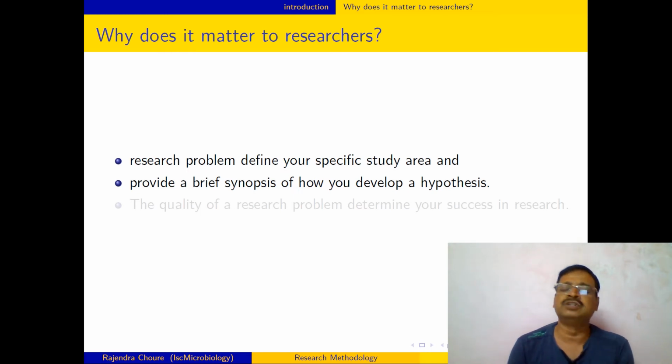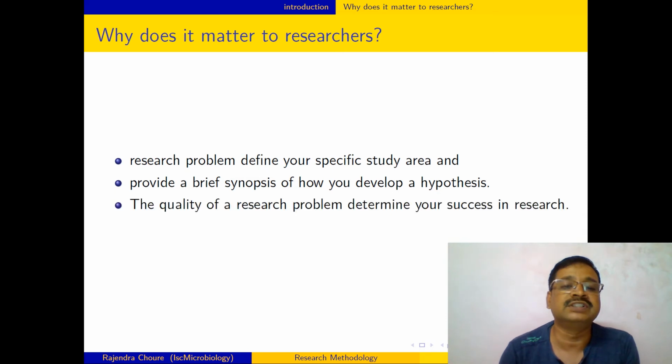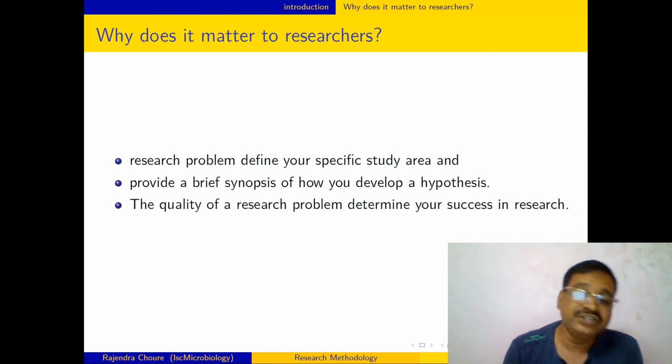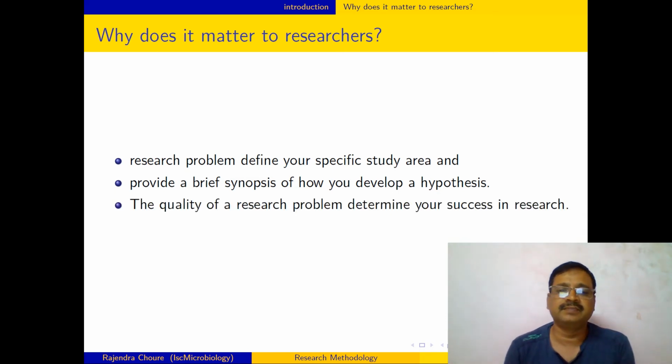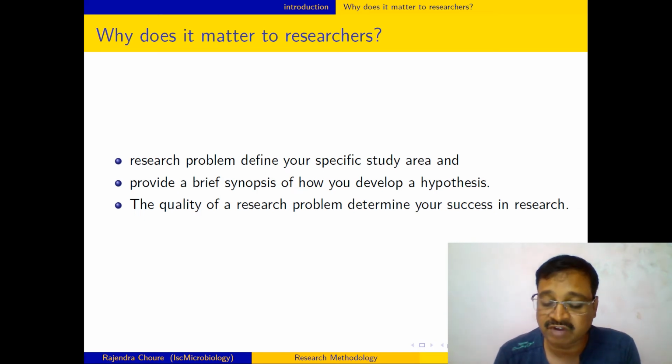We will learn about hypothesis later on, but a hypothesis is the expected outcome which you expect out of your research, and your research problem provides you a brief idea about your hypothesis. And the quality of a research problem determines your success in research. If your research problem is good enough, then the outcome of your research will also be better.